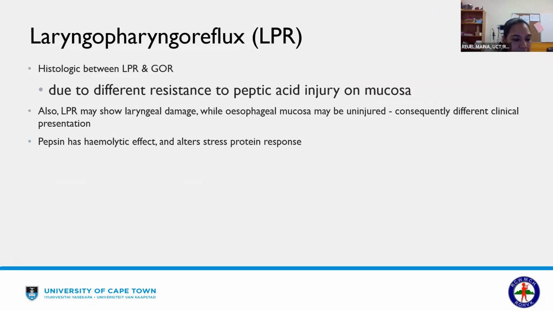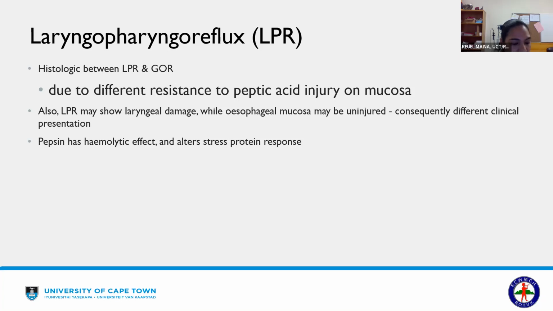LPR is distinct from gastroesophageal reflux disease, as there is direct mucosal damage from acidic exposure, typically found in the upper esophagus, that damages the laryngeal epithelium. This results in ciliary flow dysfunction. Ciliary flow is impeded at a pH of 5 and completely halted at a pH of 2.